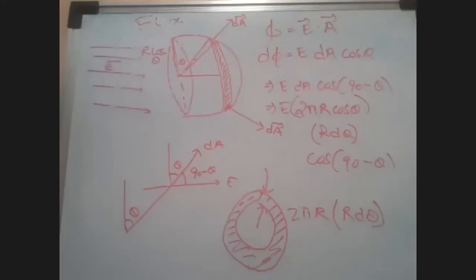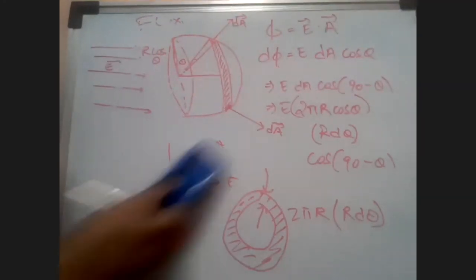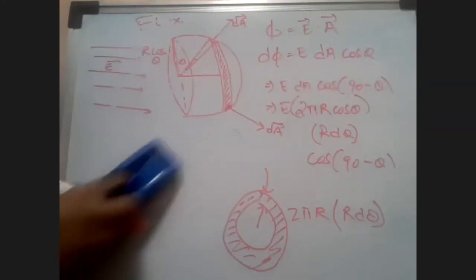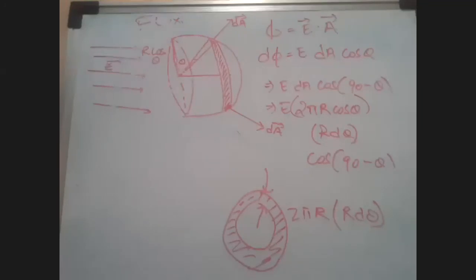Still not clear? Has everyone understood, or should I explain it? Sir, how is the thickness r d theta? See, look here.